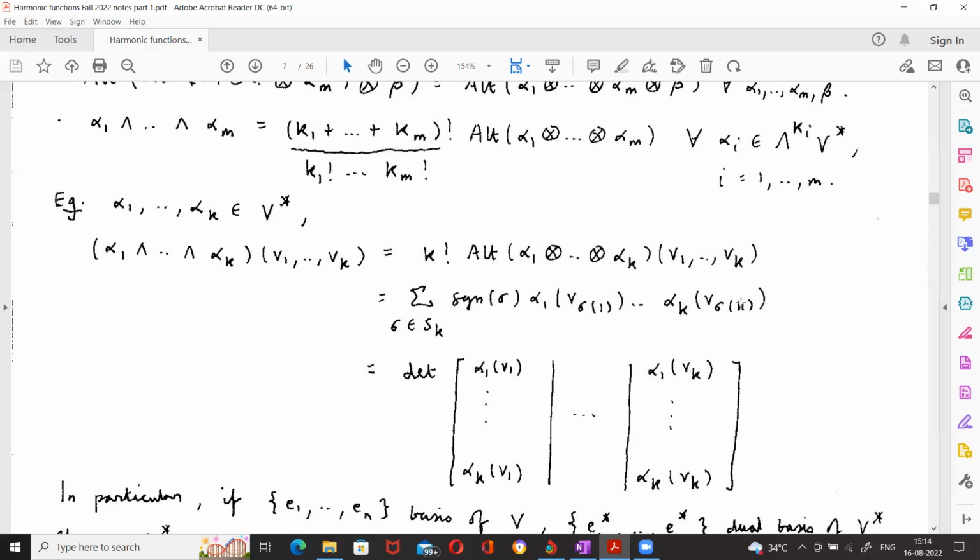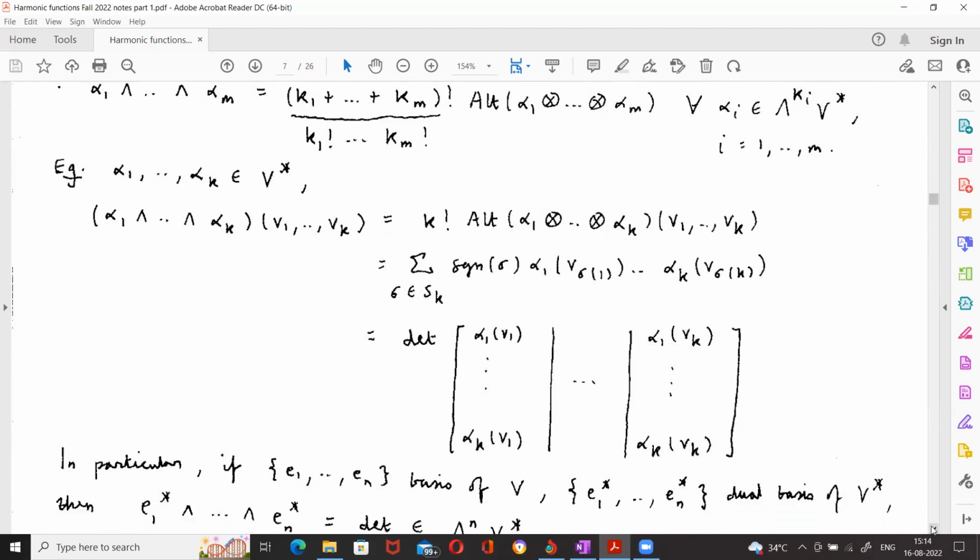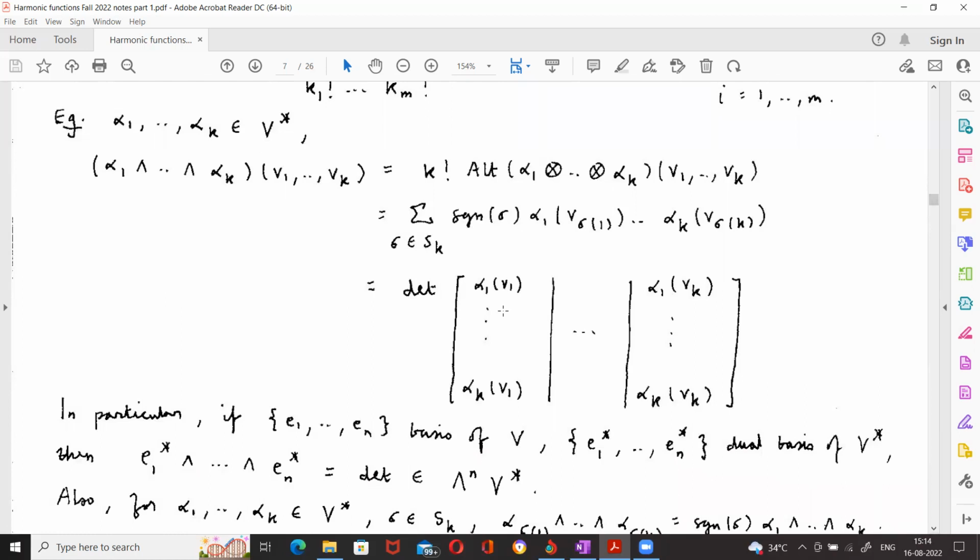Now, this I recognize as the determinant of a k by k matrix, just the definition of determinant in terms of a sum over the symmetric group. So it's the determinant of this matrix where each column is basically the image of the vector v_i under alpha 1 to alpha k.